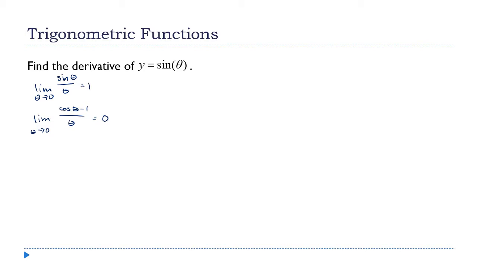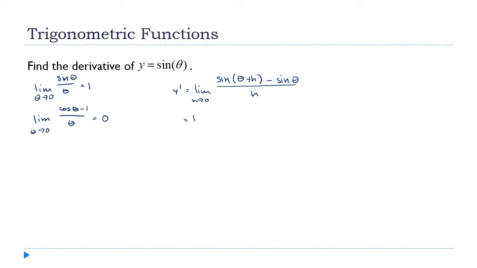All right, so I want to find y prime. Y prime is the limit as h approaches 0 of sine of theta plus h minus sine of theta, all over h. Okay, so I'm going to do kind of the obvious thing here, right? With that sine of theta plus h, I'm going to bring out my sine formula and rewrite that using the sine addition formula.